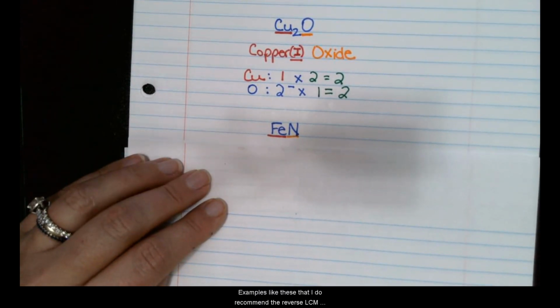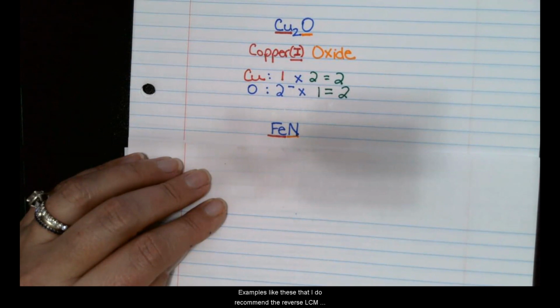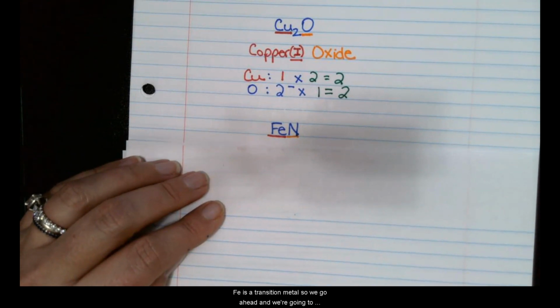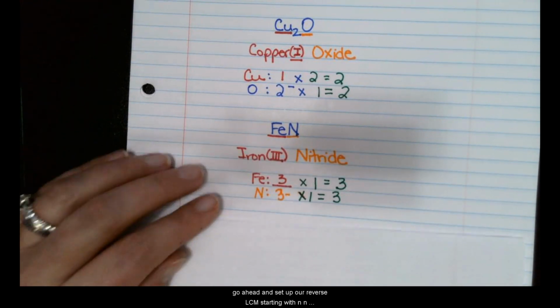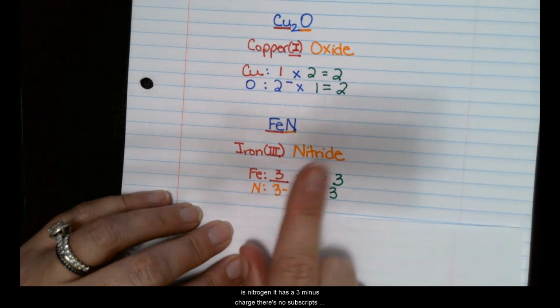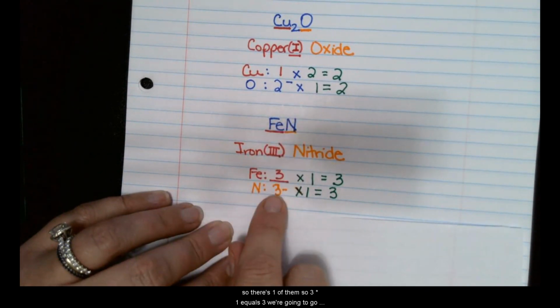FeN. It's examples like these that I do recommend the reverse LCM for, because there are no subscripts. And we know that iron, Fe, is a transition metal. So we're going to set up our reverse LCM, starting with N. N is nitrogen. It has a 3 minus charge. There's no subscript, so there's one of them.